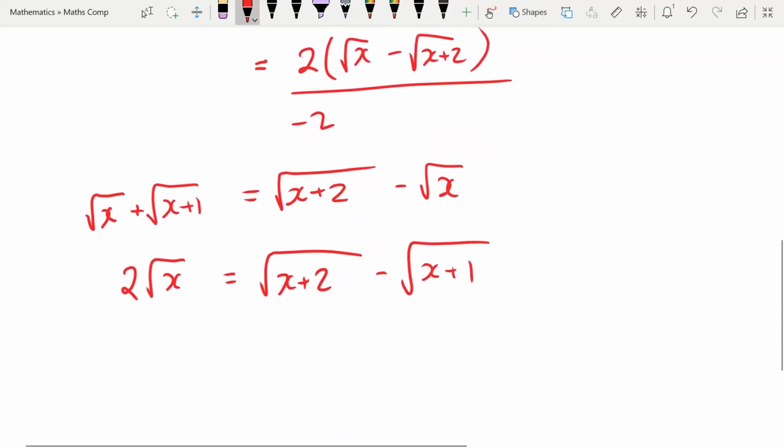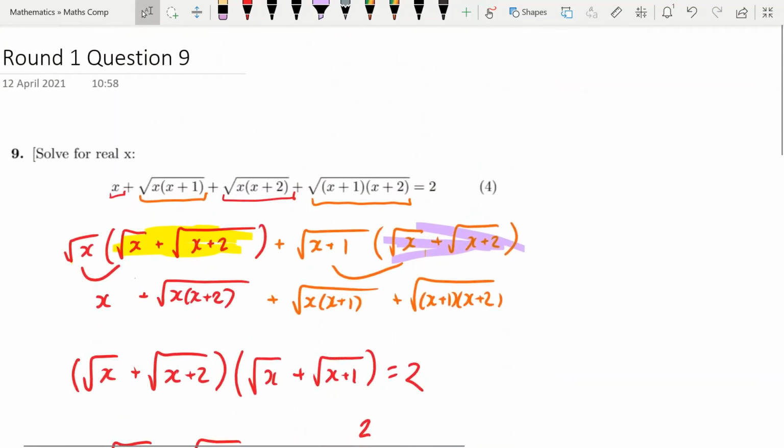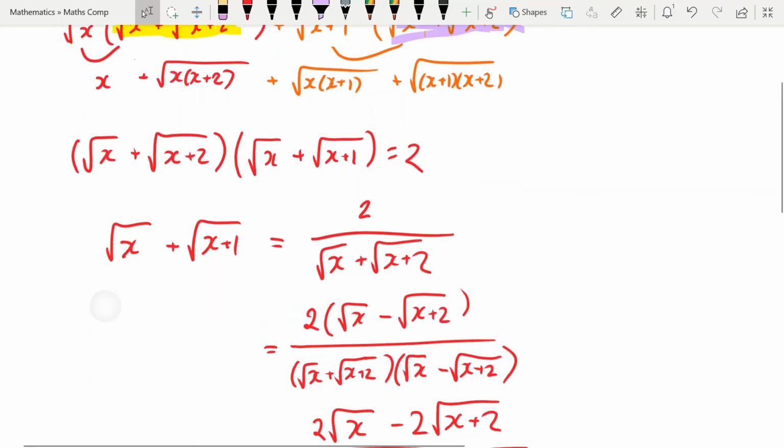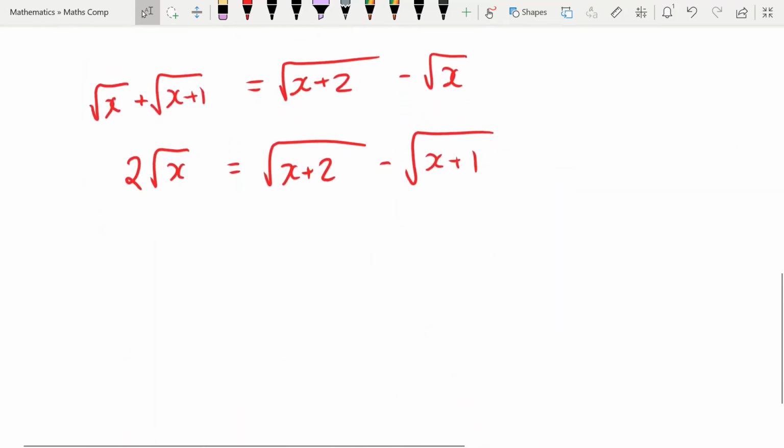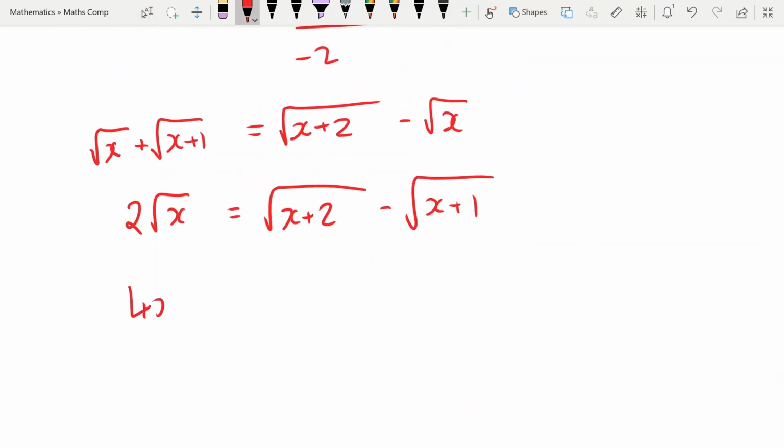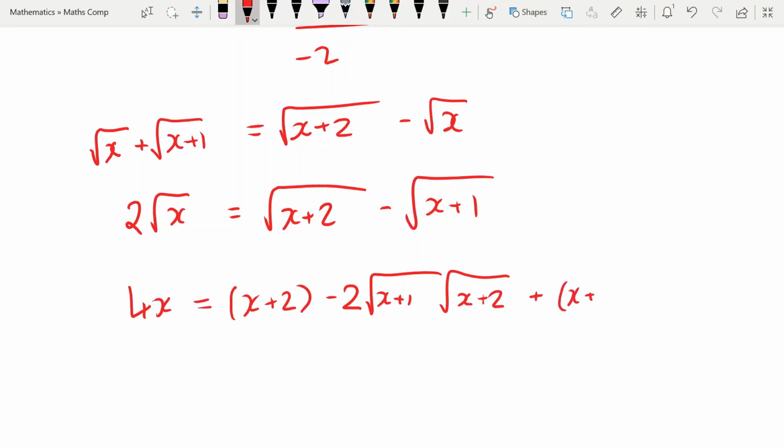At this point, it would be much easier to square. Compared to squaring up earlier, where there'd be loads of different terms, now we've got it in a much simpler form. Squaring this will give 4x is equivalent to x plus 2 minus 2 root x plus 1 root x plus 2, and then plus x plus 1.